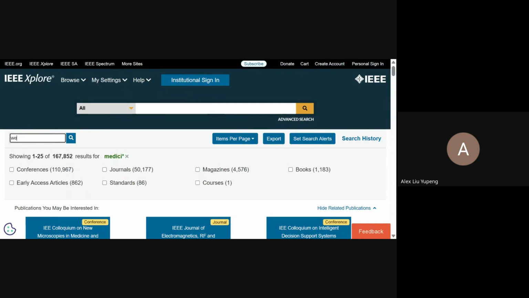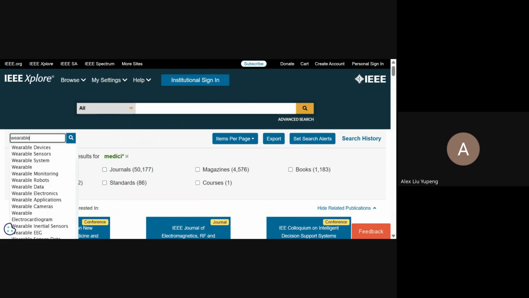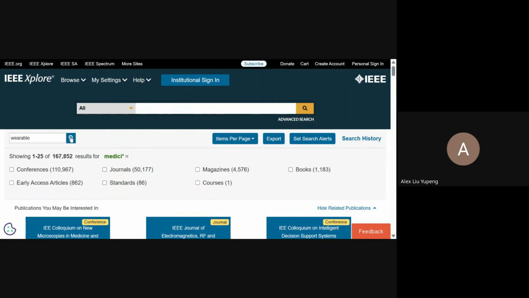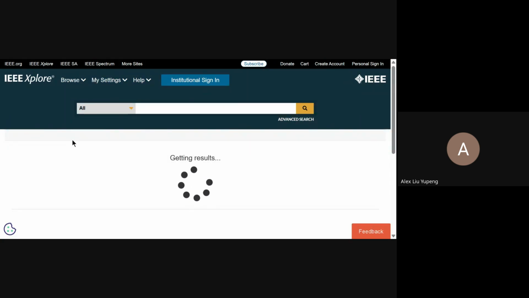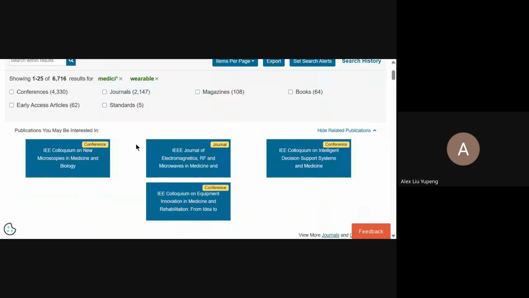So for example, let's say you are doing wearable devices. You can add a keyword. As you can see, wearable devices, wearable sensor, wearable monitoring, wearable data, anything that has to do with wearable, just add on. This allows you to zoom in to a smaller set of data. And let's see how many results we are getting.